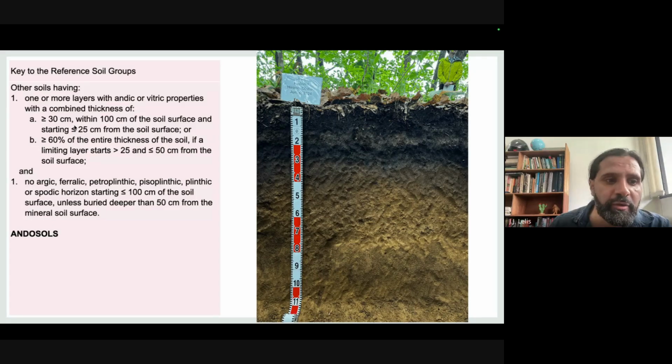Okay, and sorry, this should be number one: no argic, no ferralic, no petroplinthic, no pisoplinthic, no plinthic, no spodic horizon in the first 1 meter below the soil surface, unless buried deeper than 50 centimeters from the soil surface. So to call something an Andosol, I cannot register these kinds of horizons, only andic or vitric properties, unless, as I said, these horizons were buried at a depth deeper than 50 centimeters, okay?